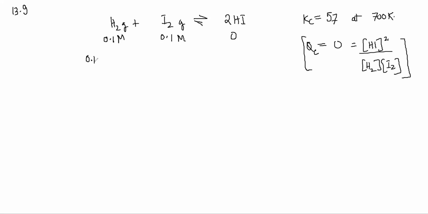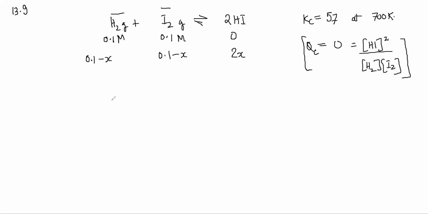So you can assume that the amount of this becomes 0.1 minus x, and this should become 2x, because some amount will be consumed and some amount will be formed. If x moles are consumed, then 2x moles of HI are formed, and equal moles will be consumed here.